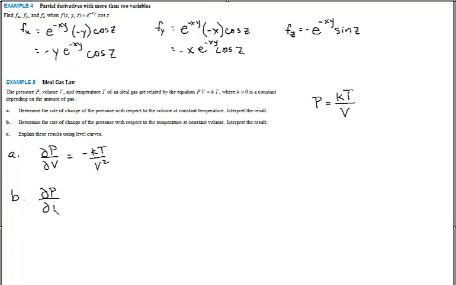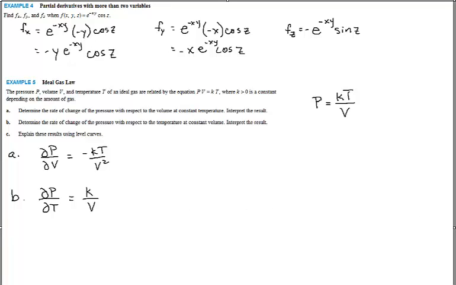When I take this derivative, I'm going to end up with just K over V, because that T drops out when I take that derivative. So this would mean that pressure is an increasing function of temperature at a constant volume.